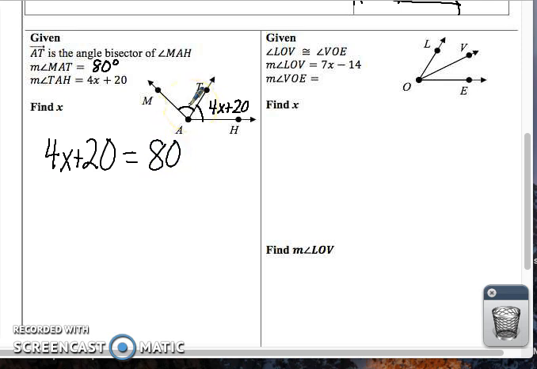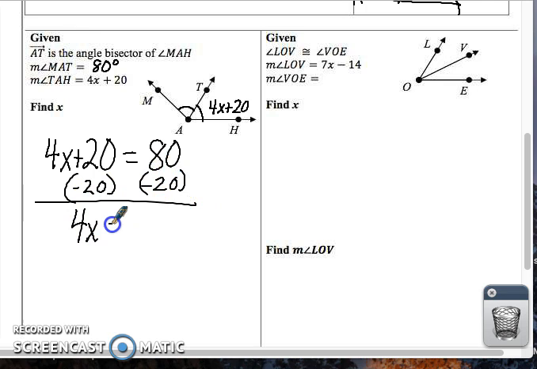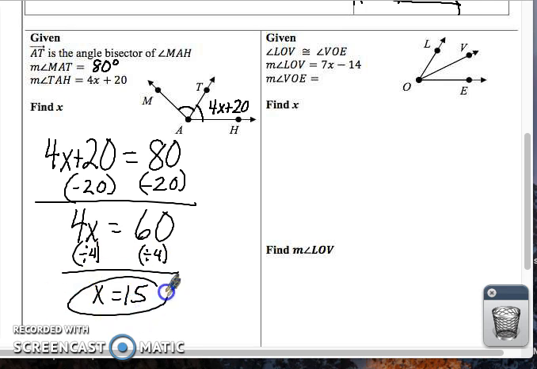So let's solve this. We subtract 20 from both sides. We get 4x equals 60. Now we divide by 4, and we find that x equals 15. So there we go. We found that one.